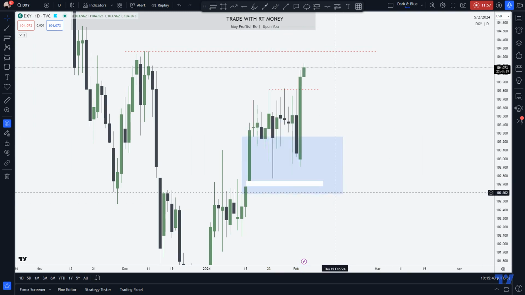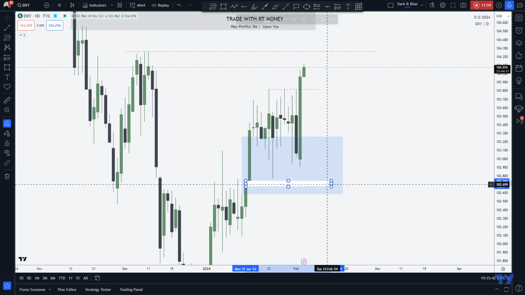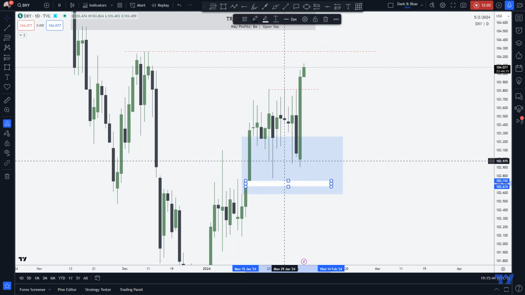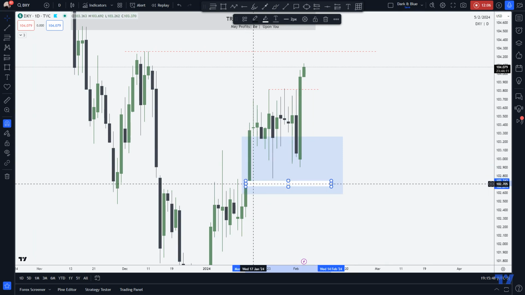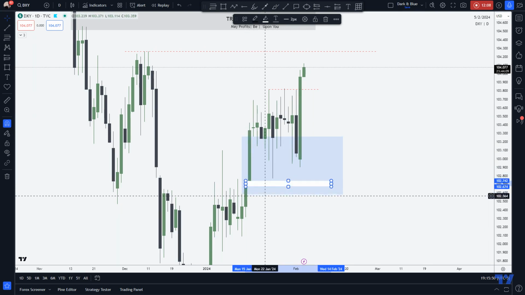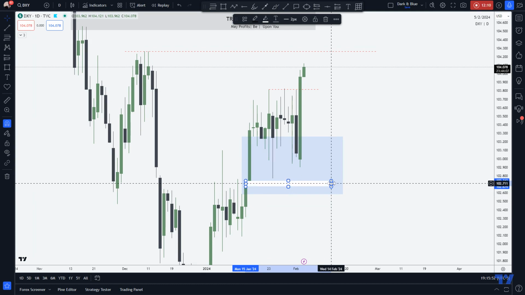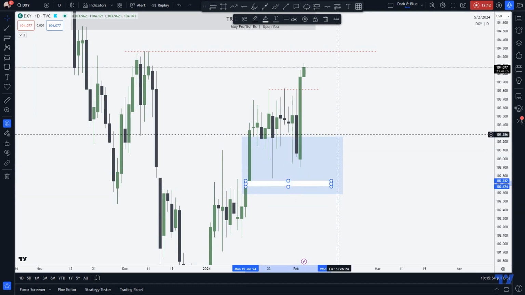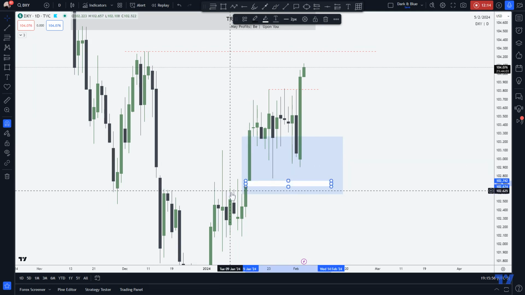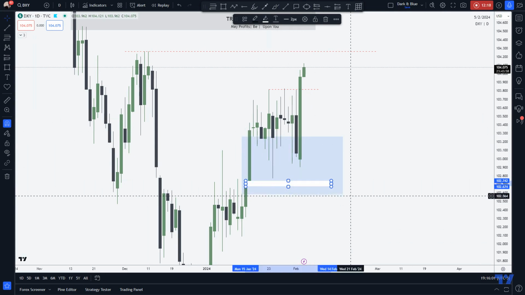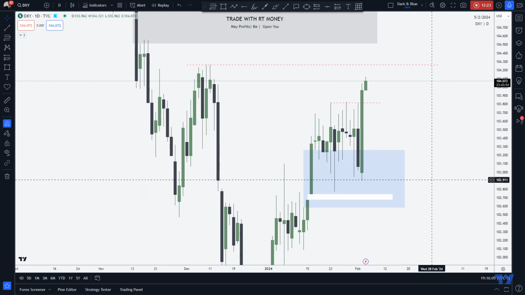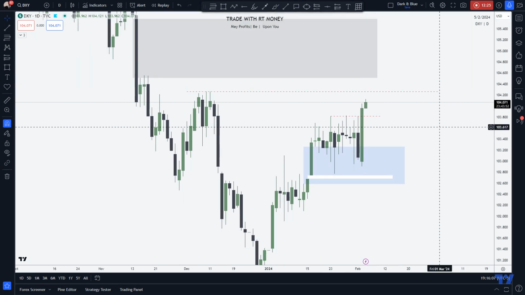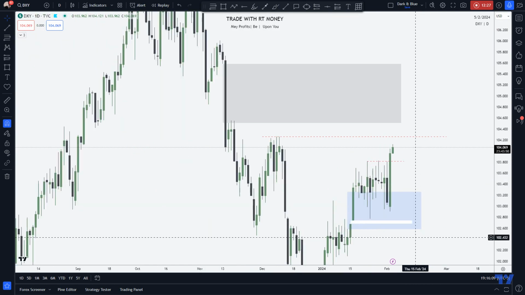In most cases, I'll just draw around it and see how price reacts when it gets there. But a bullish imbalance inside of and overlapping a fair value gap is pretty strong stuff. You expect that fair value gap to be respected, and this one was. So that is something I want you to keep in mind.